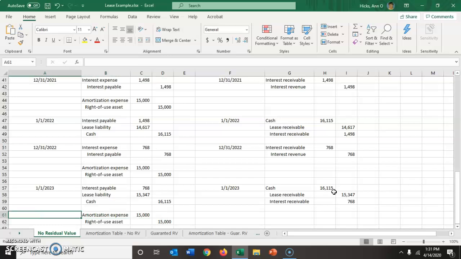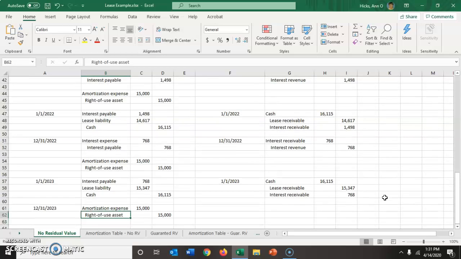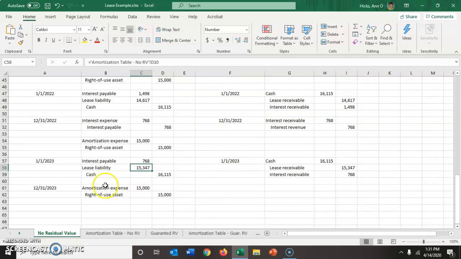And then at the end of 2023, we will record our last amount of amortization expense. That will have effectively written off the right of use asset. We will have effectively paid off the lease liability. December 31st, we'll give Connor the equipment back, and we are through.